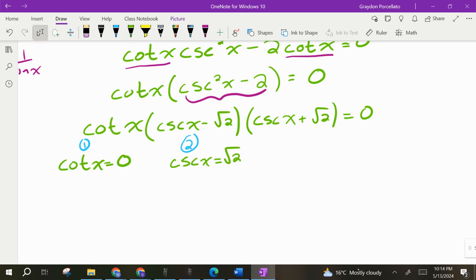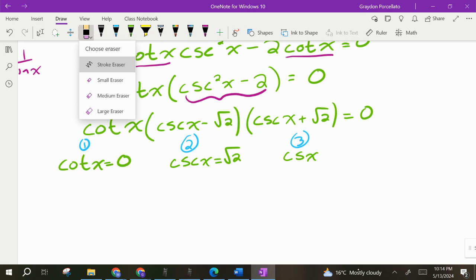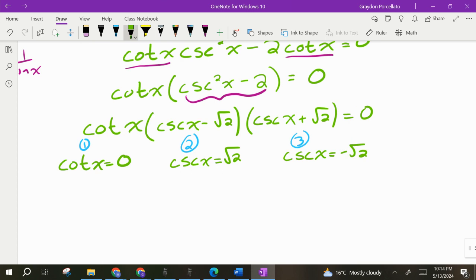And the third one is going to be cosecant of x equals negative root 2. Okay, and I'm going to try to solve each of these.